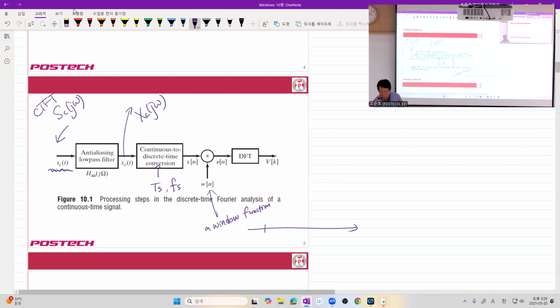And for simplicity, we assume that this has length, duration, N. For example, if this is a rectangular window of duration N, then you have all ones, and all zeros before and after this period. Got it? By the way, this is, of course, the rectangular window.